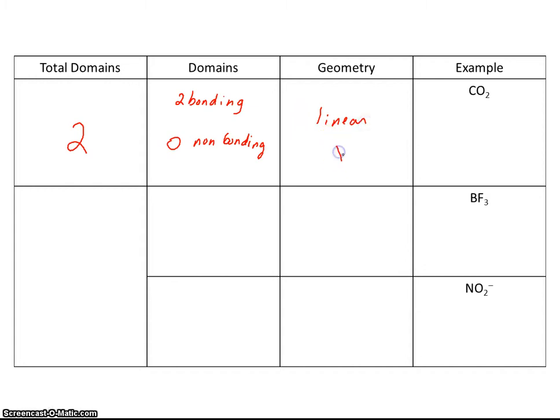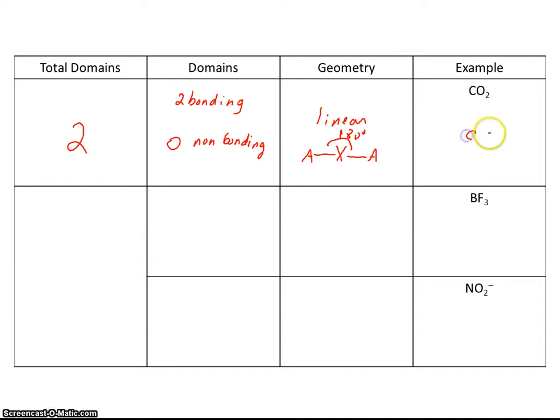So if I have X, A with no lone pairs, that's what I have. The only two things I can do, if I separate two things as far as possible, that is 180 degrees. Example of this is CO2.